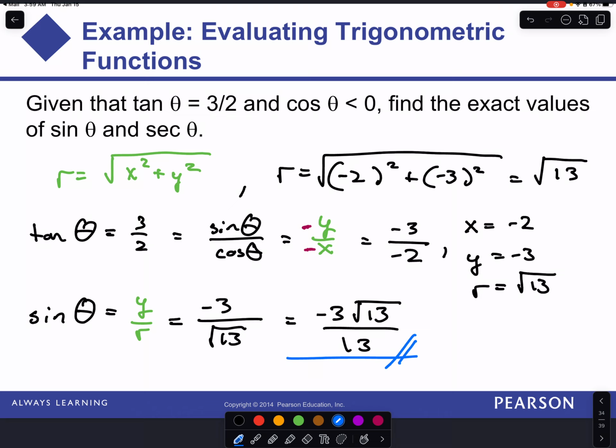The reciprocal of sine is cosecant. For secant, secant is the reciprocal of cosine. If cosine is x over r, then secant is r over x. So that's root 13 over negative 2.